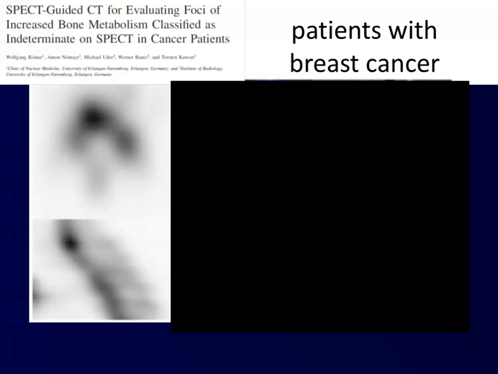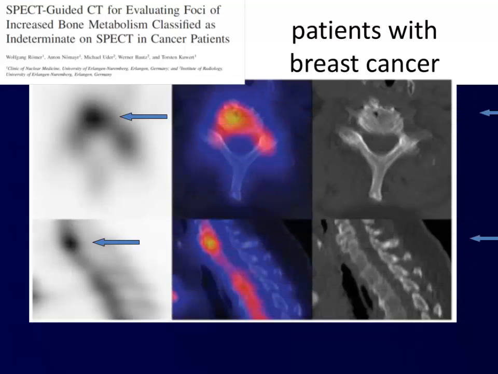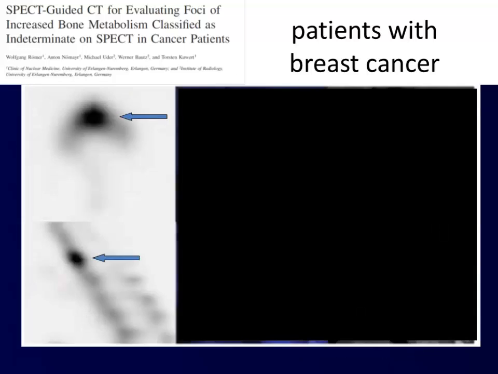In this example, you see the scans of a patient with breast cancer with hot spots in the spine, and you don't know if it is malignant or benign. After a SPECT CT, you find osteochondrosis in C6, C7.